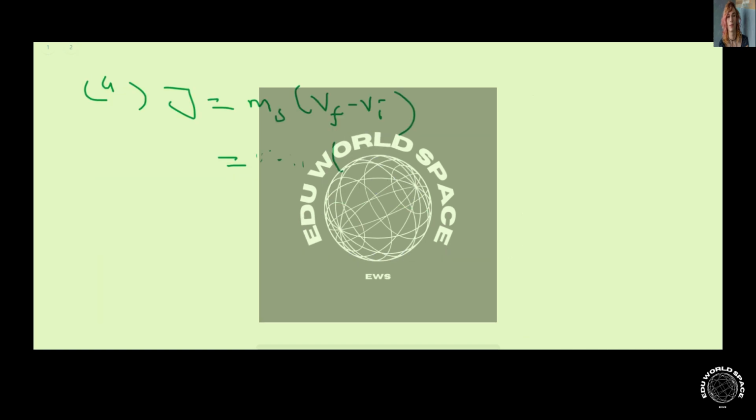So that's the one we're going to use. 0.04 kilograms times the final velocity, negative 5.6 meters per second, minus 6.3 meters per second. When you plug in those numbers, you get negative 0.48 kilogram meters per second. That's the mass and the velocity.